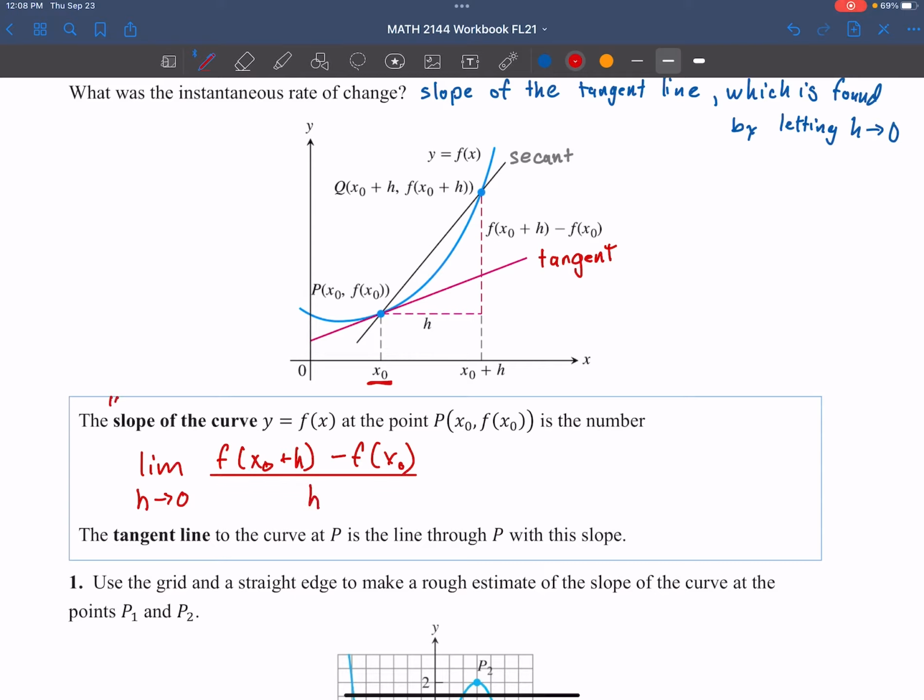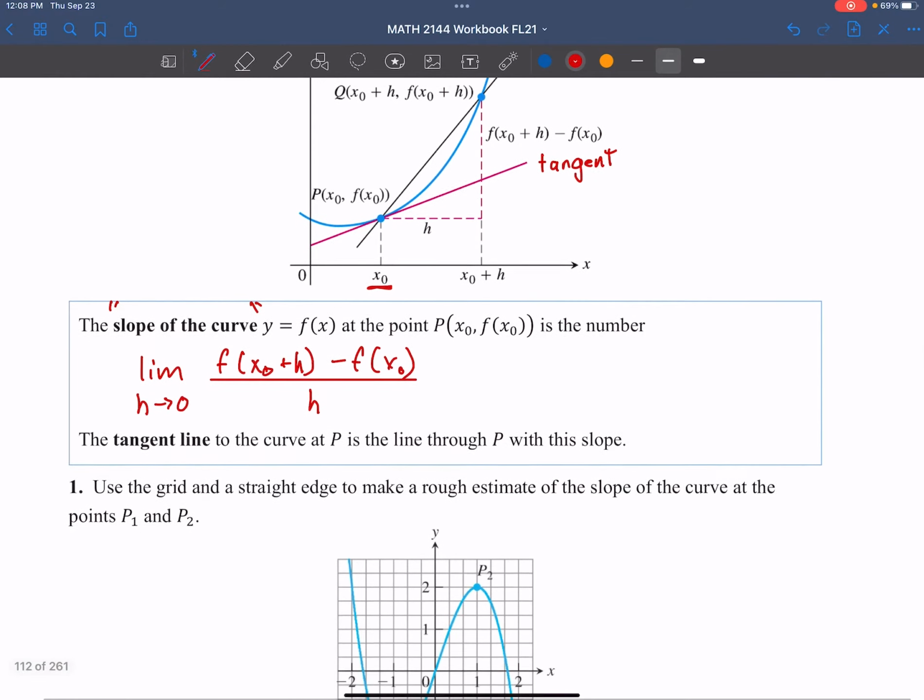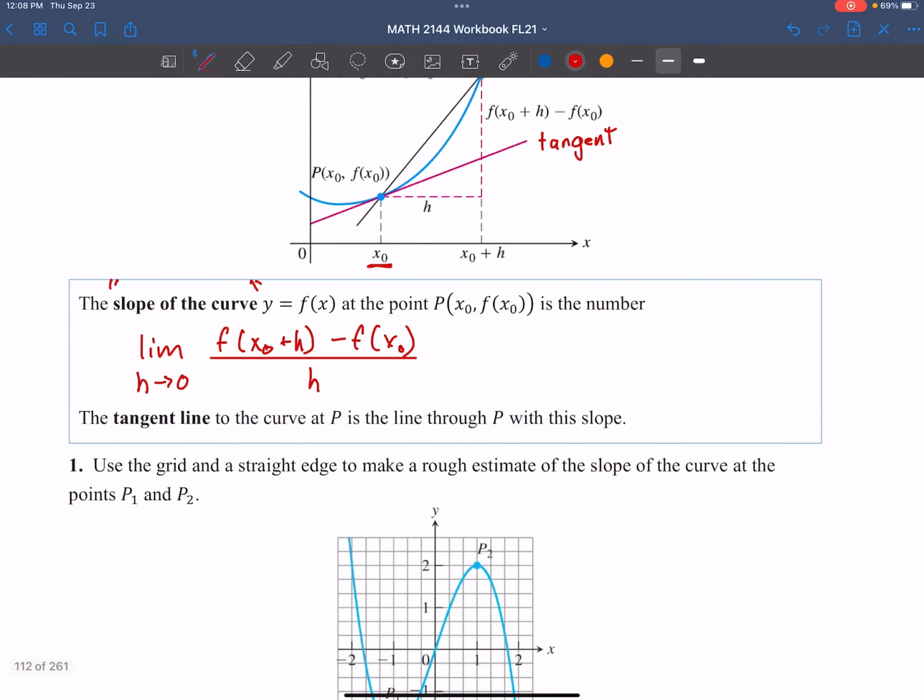So we have this phrase, the slope of the curve, which again is just another way of saying the slope of the tangent line. So these are two phrases that mean the same thing. So if you're asked the slope of the curve, it's the same as finding the slope of the tangent line. And you can see that right here.